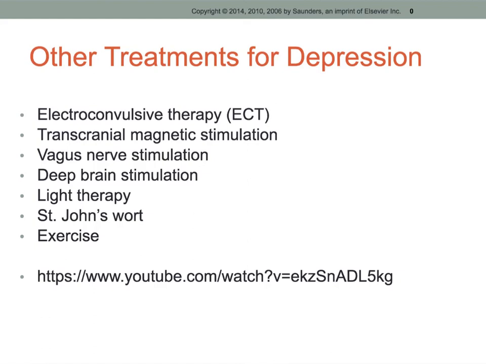Light therapy is helpful for those especially with SAD, seasonal affective disorder. And then St. John's Wort. St. John's Wort is actually an herb that's unregulated. It's not FDA approved, but it can be more effective in cases of mild depression.